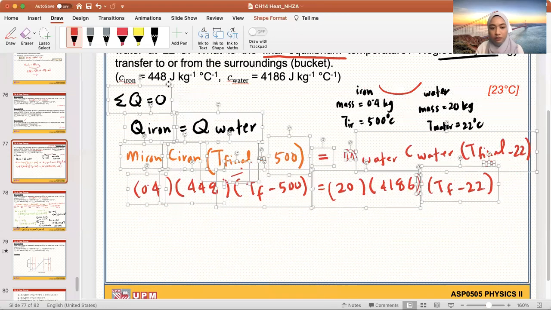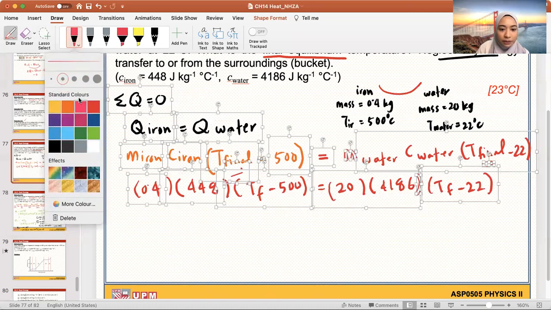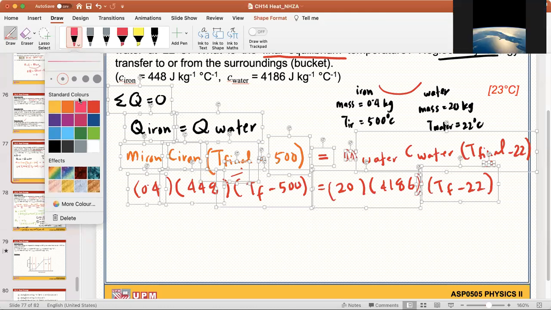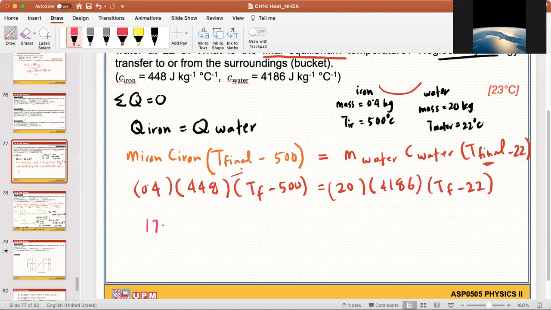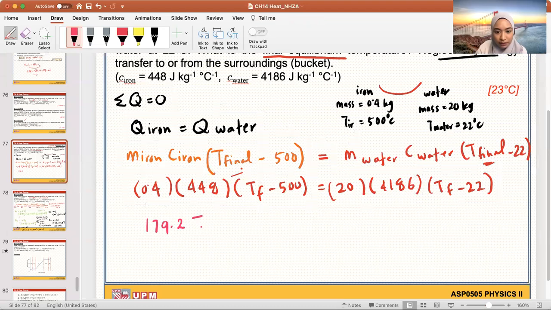All right, so let's do this equation. It's a simple equation really. Padahal saya pun tak suka math. So 0.4 times 448 times TF. So that will give me 179.2 TF minus 0.4 times 448 times 500.